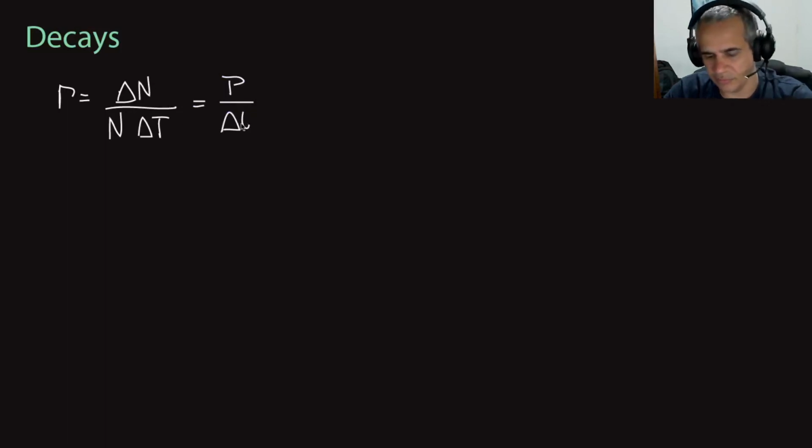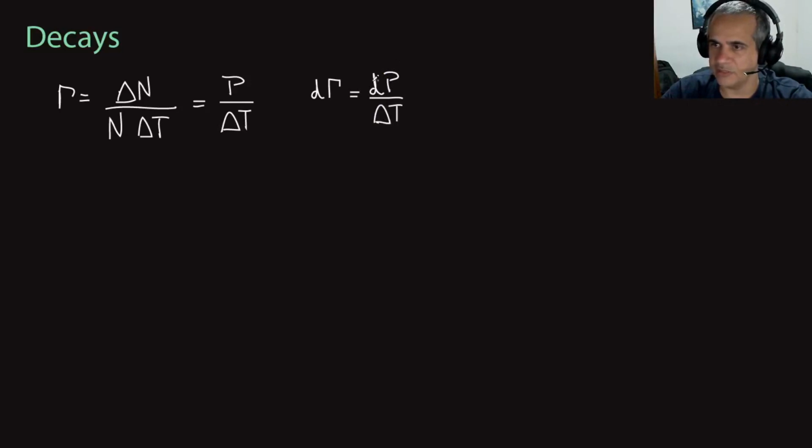And of course, now if I want the differential decay width, say I want to know the probability of decaying into a particular combination of momenta, then this will be written like this, which is the same object I had before in the case of the cross section, but now I have this extra factor of 1 over delta t, right?